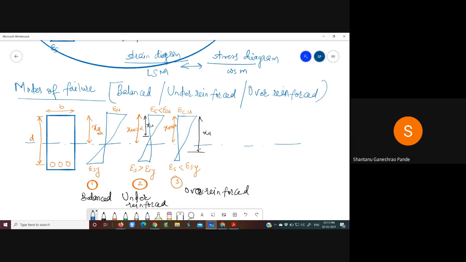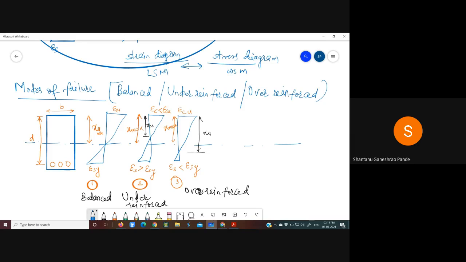When we were talking about WSM modes of failure, there we talked about the stress values at the extreme fiber that we considered. But now with regard to LSM, we have drawn strain diagrams.